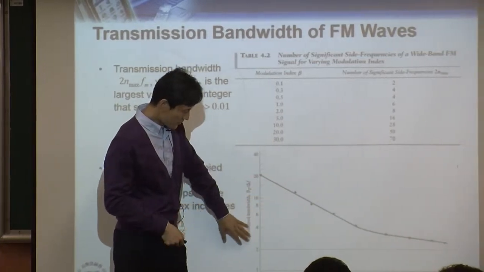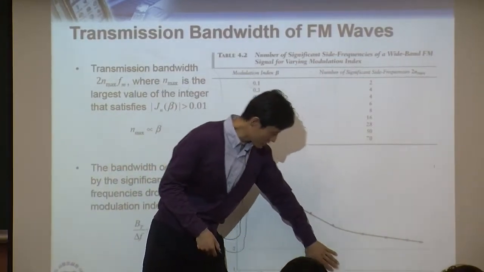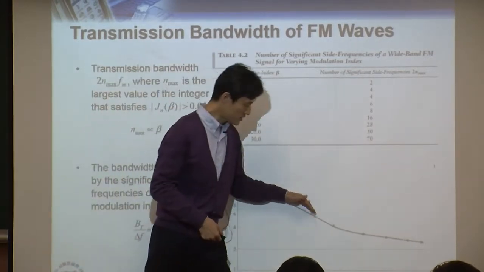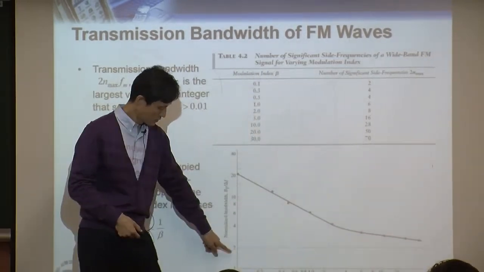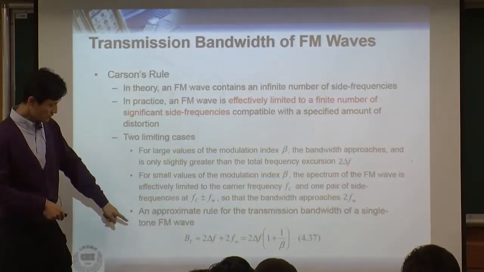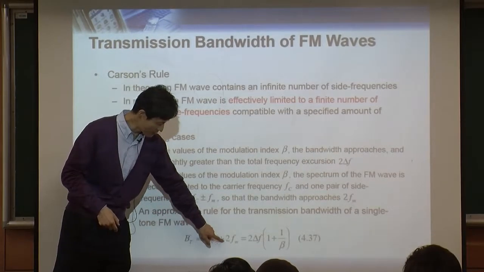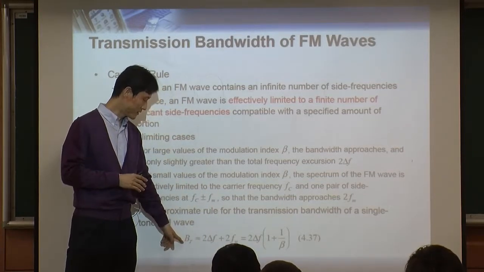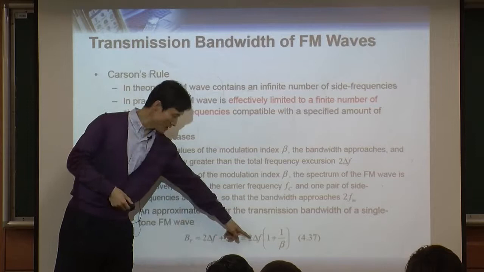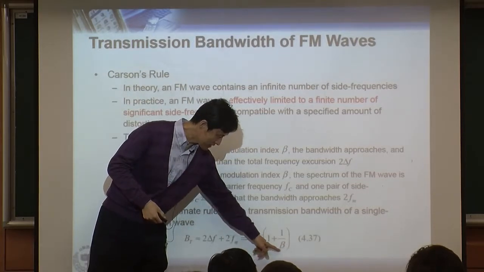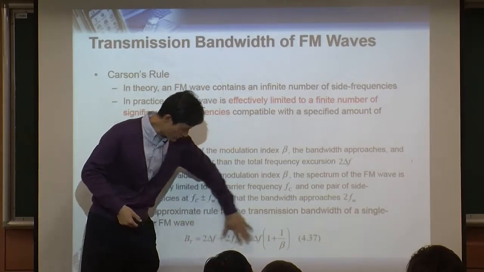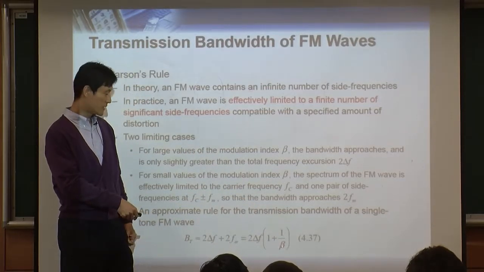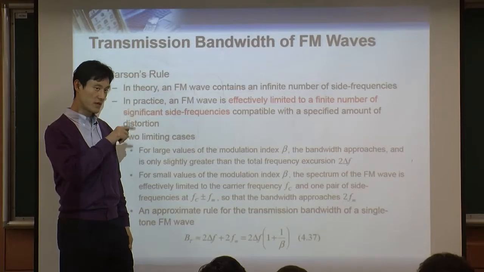So if you increase the modulation index beta, this normalized bandwidth approaches 2. Meaning that in Carson's rule we have 2 plus some other value, but this value is decreasing when you have large beta. You can see it here. Why is that? Because what's the definition of beta? Beta is delta F divided by FM.